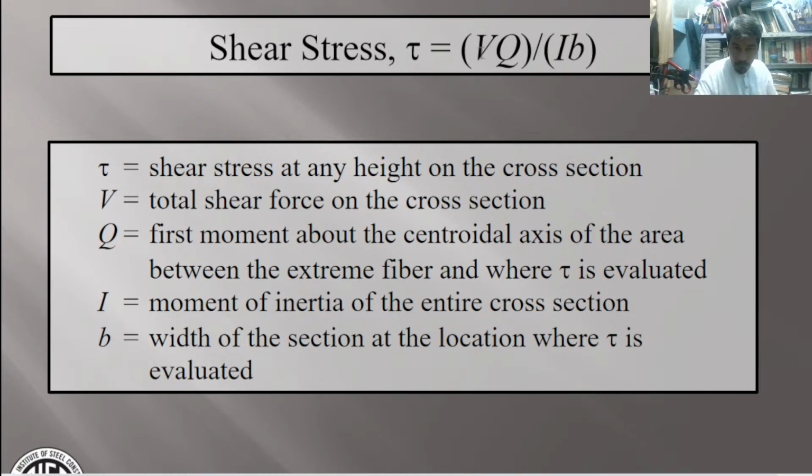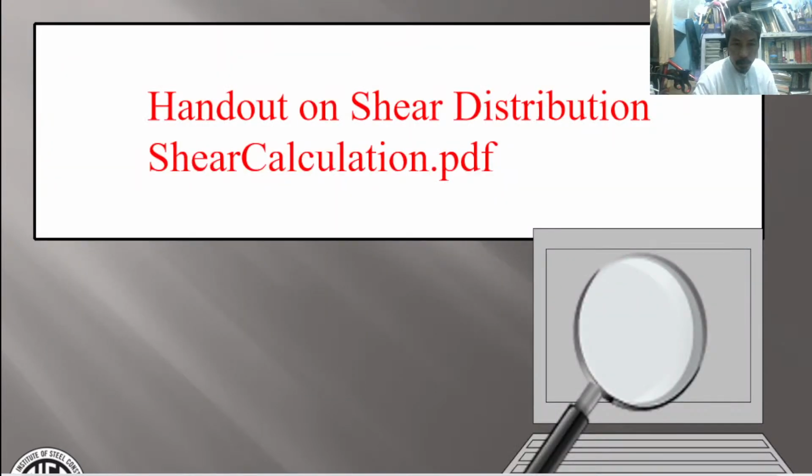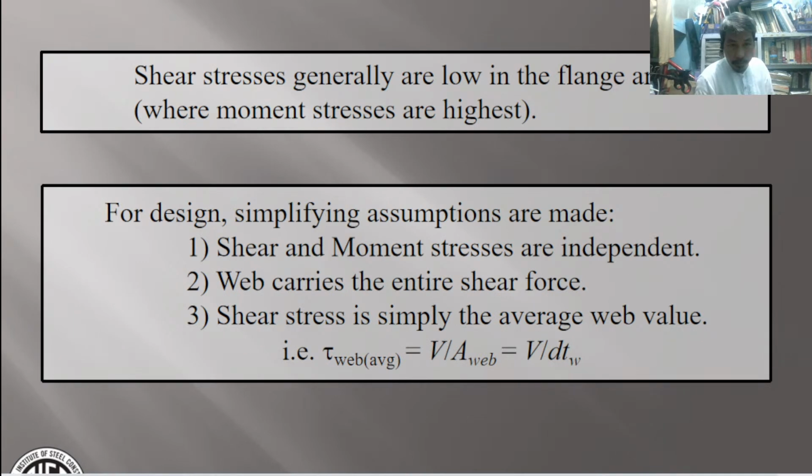We already know V, capital V, is the total shear force. Then I and b, we already know about them. Shear stresses generally are low in the flange area and they are concentrated in the web area because this is shear.